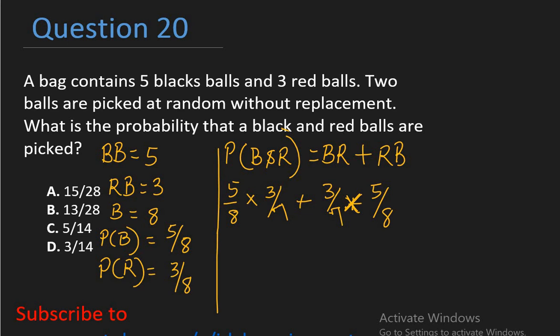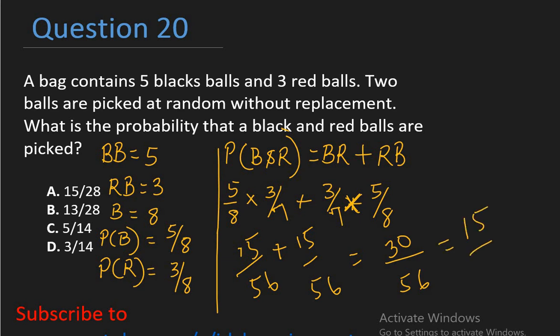So 5 times 3 is 15, 8 times 7 is 56. Plus 15/56. Since the denominators are the same, pick one. 15 plus 15 is 30. So my final answer will be 15/28.